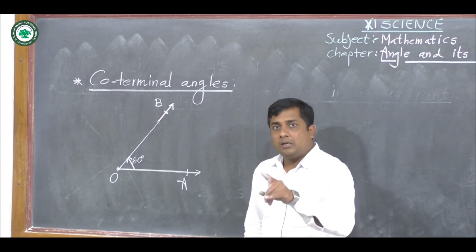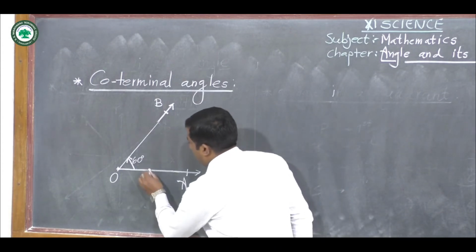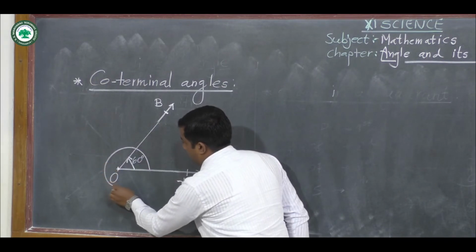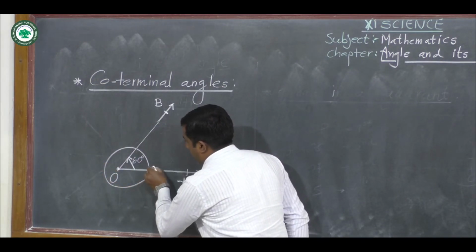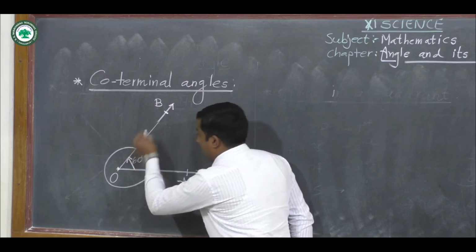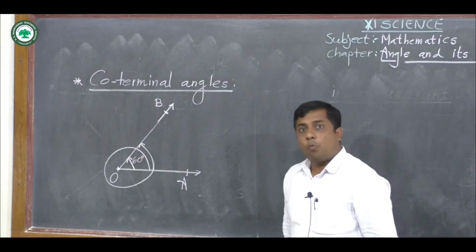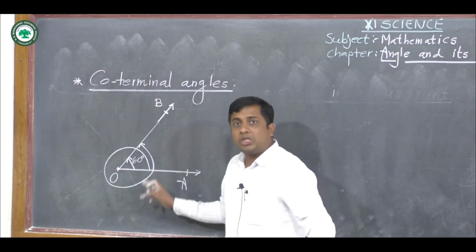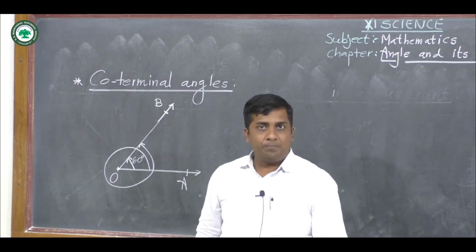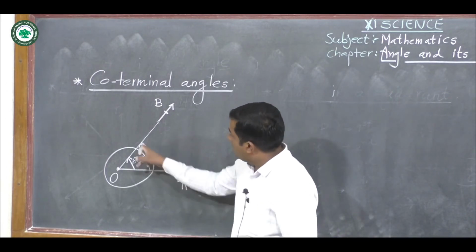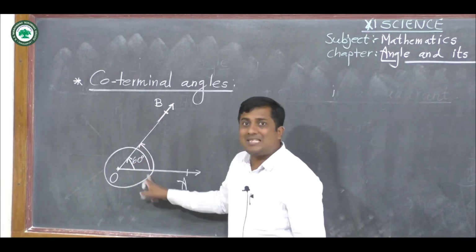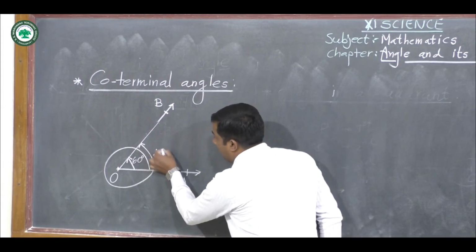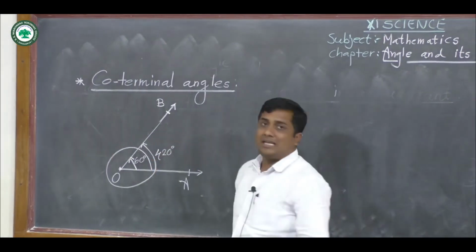If we consider another rotation, suppose one complete rotation up to this ray OB, we know one complete rotation is 360 degrees, and from 360 degrees we go another 60 degrees. So 360 plus 60 is 420 degrees.